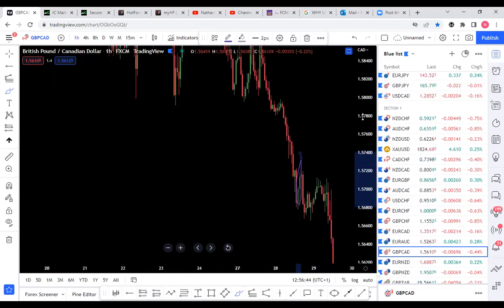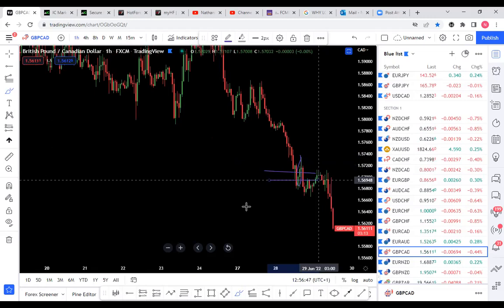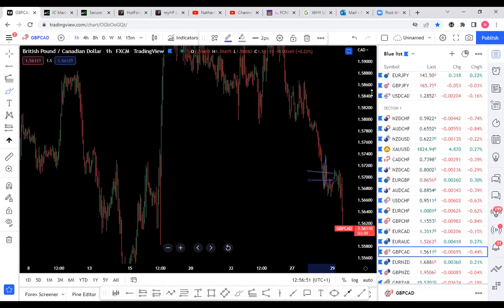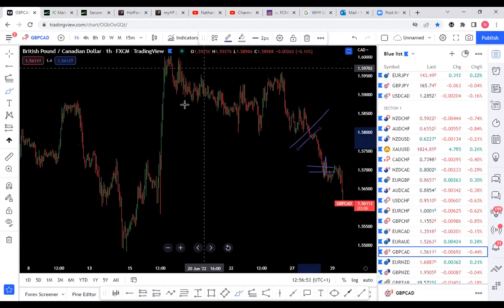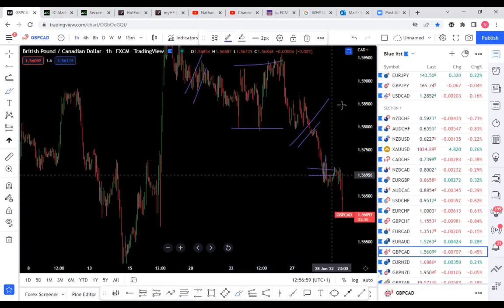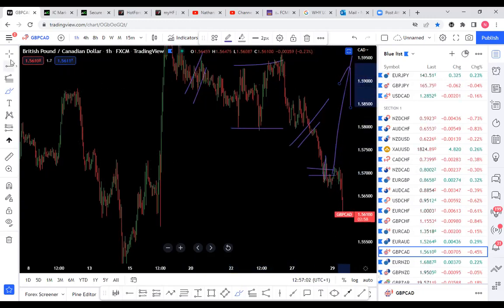Based on this, I took this trade from here, GBP CAD. There's an equal leg between this and this, with the corrective structure in the middle. Ordinarily, if markets would behave normally, you should have this move to the upside.